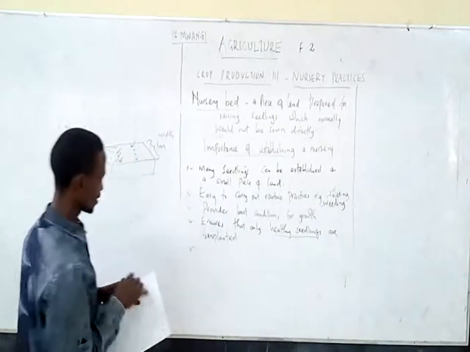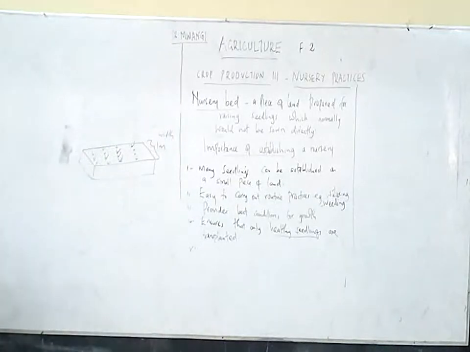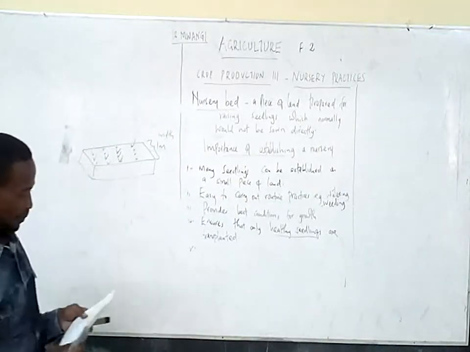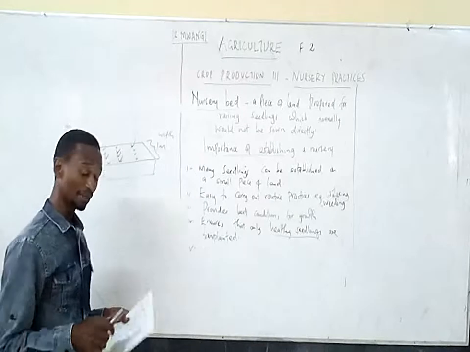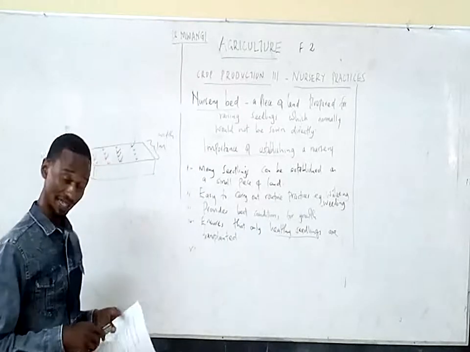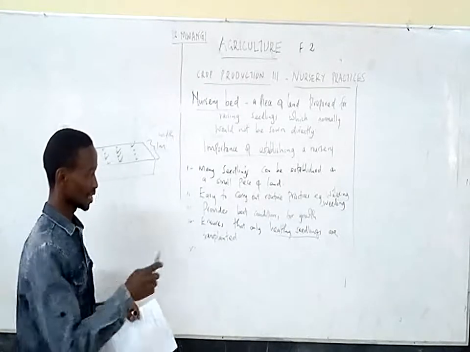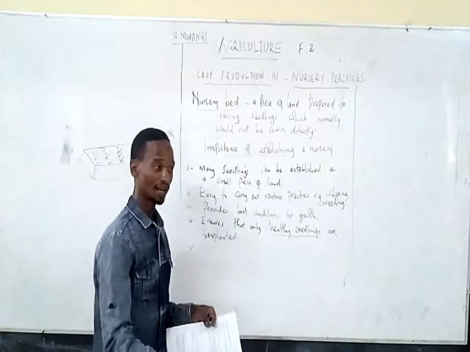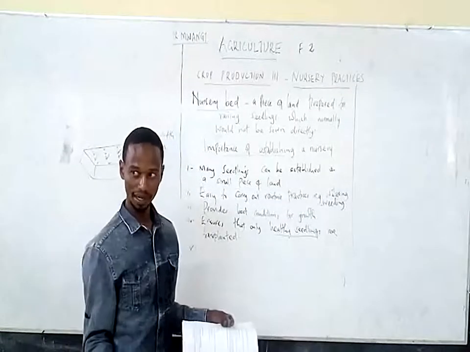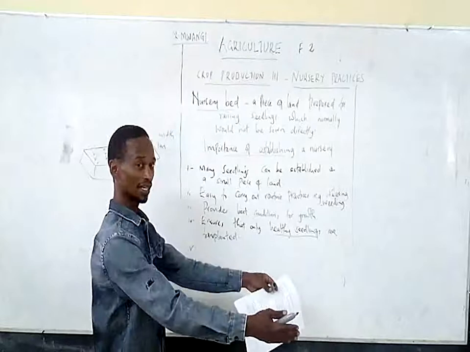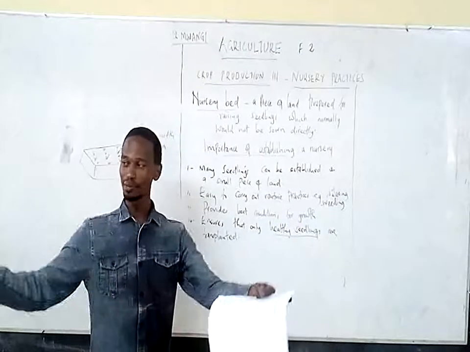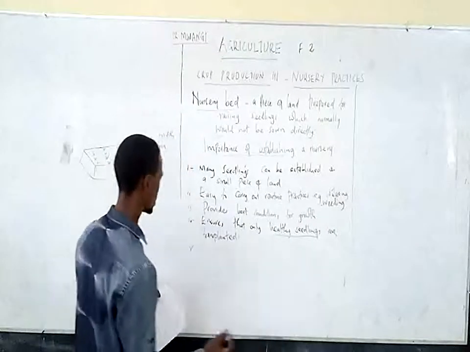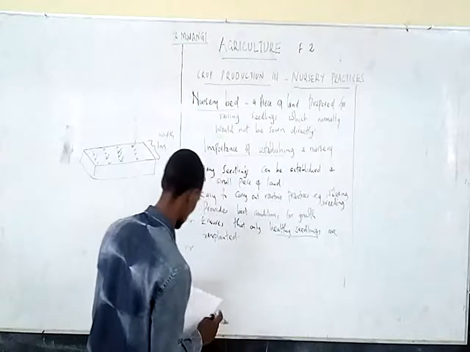Point number five, excess seedlings from the nursery may be sold. You can sell the excess. You are going to make sure that you plant the ones that you require, and the excess which will remain, we will not leave in the nursery. You can sell to your neighbors, or to the nearby market.